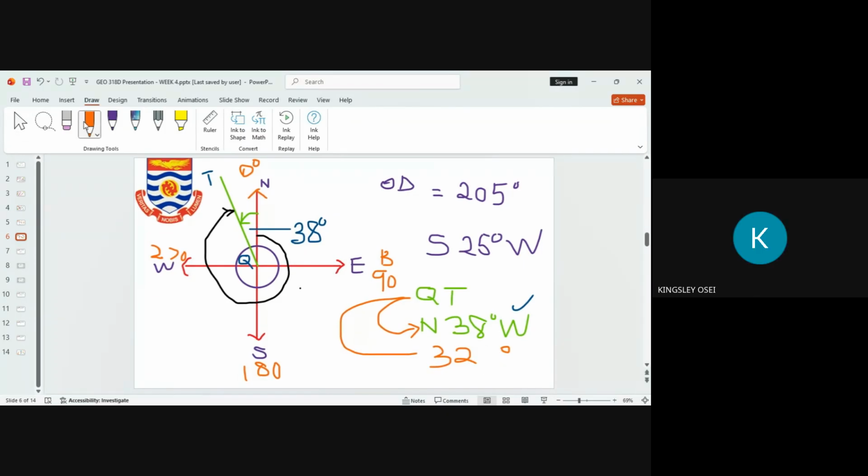Thank you, thank you, thank you. That's good. It means you're following. All right, so 322 is the whole circle bearing, while quadrantal is north 38 degrees west.